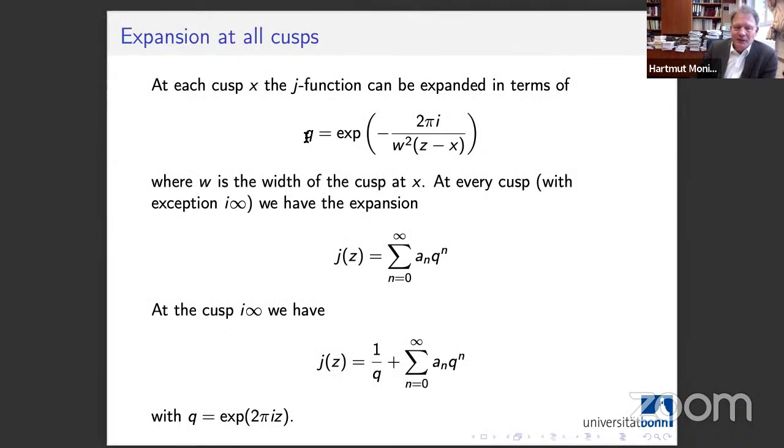So what you do is you expand at each cusp. So at a cusp x, you have the J function expanded into a q-expansion in this particular form, where basically W is the width of the cusp.